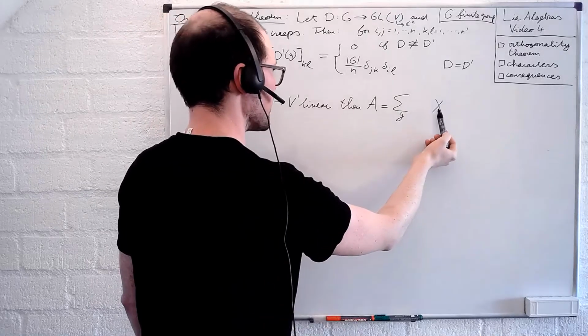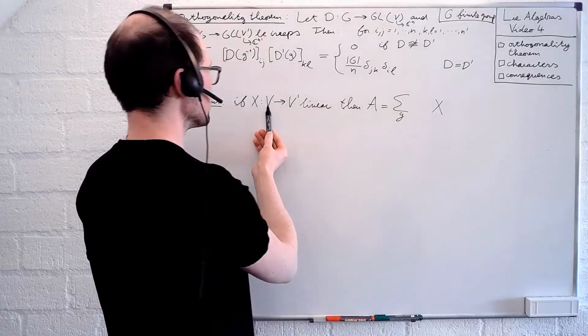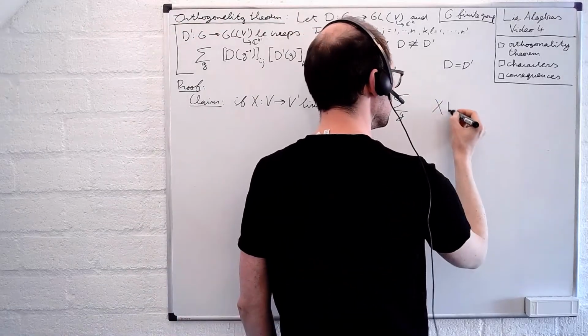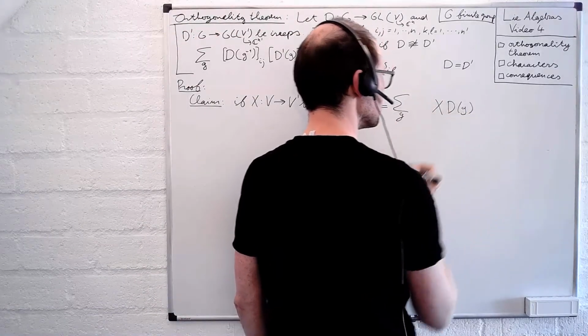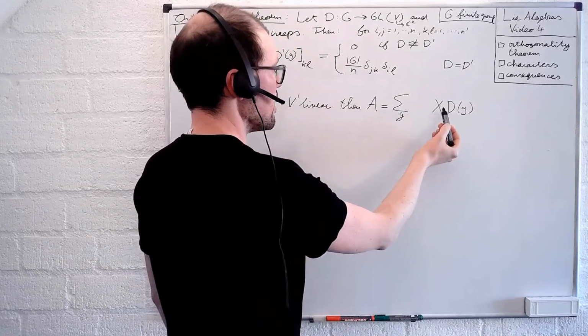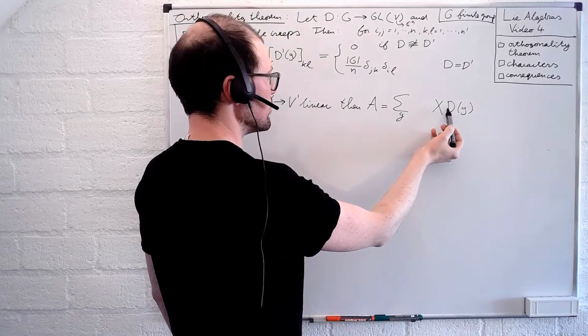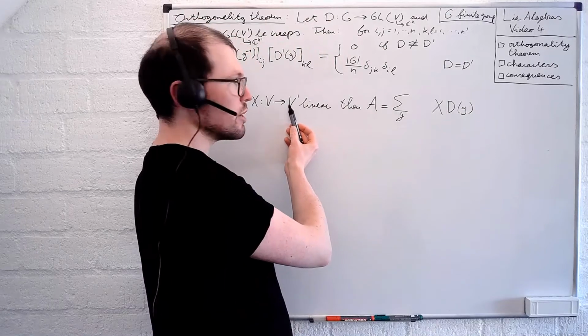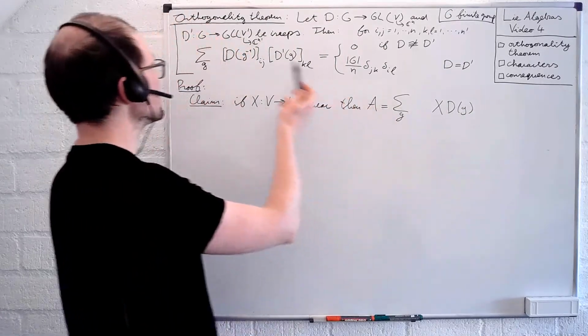Before I act with X, I'm going to transform in the vector space V. So I'm going to take D of G. That gives me a vector in V. I apply X, I get a vector in V prime, and then I can transform it with D prime.